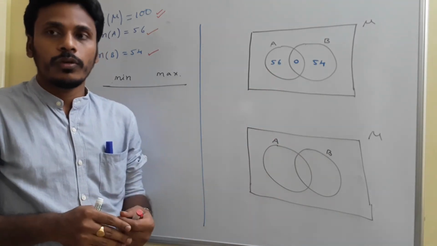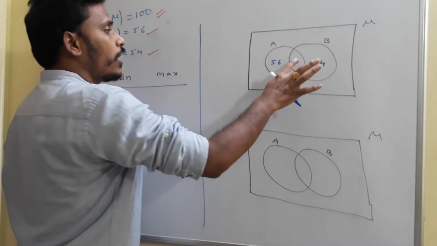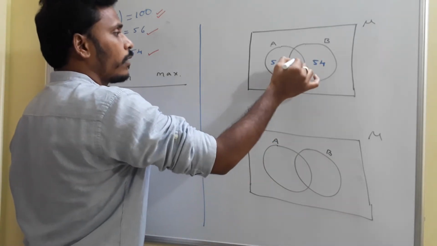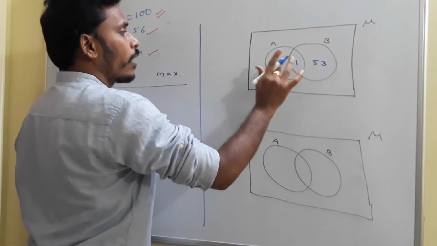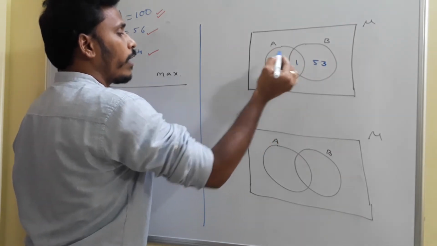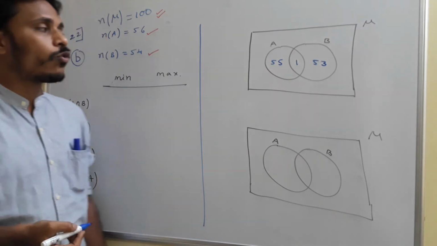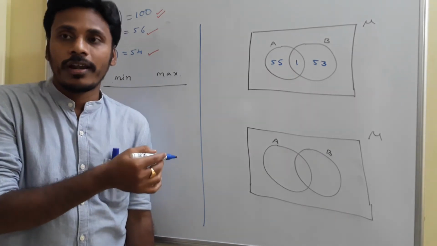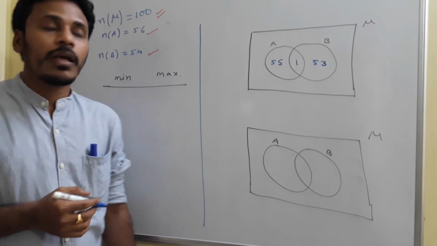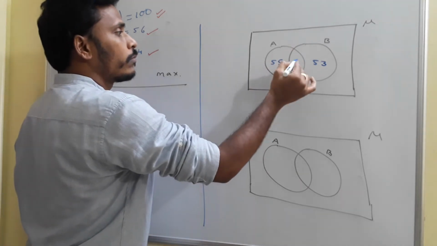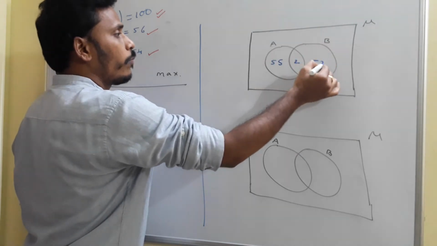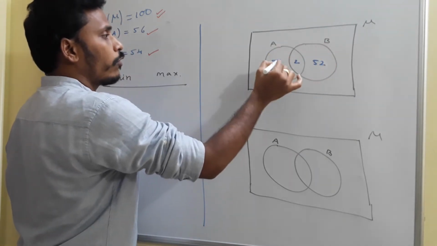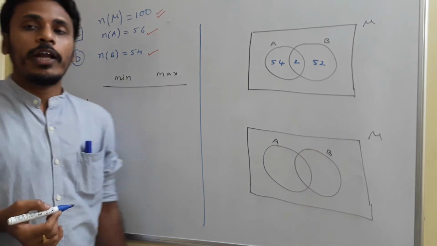Since 0 is not possible, you change this 0 to 1. Then you need to write 53 here and 55 here. In this case, if you count, the total value is 109. Again, there is a problem. If you take 2, then it is 52 and 54, and the total value is 108.